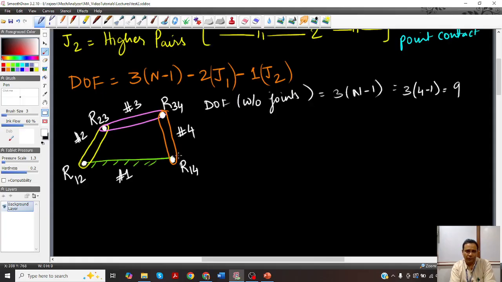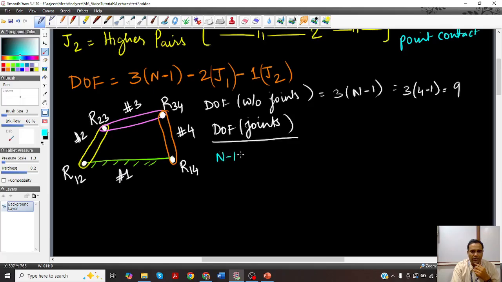So what did we do? Once we introduced joints, we have to do the counting. Okay, so n is 4, rather. Typically this is how we solve any problem. n minus 1 is 3. Now we'll also count how many joints are there.